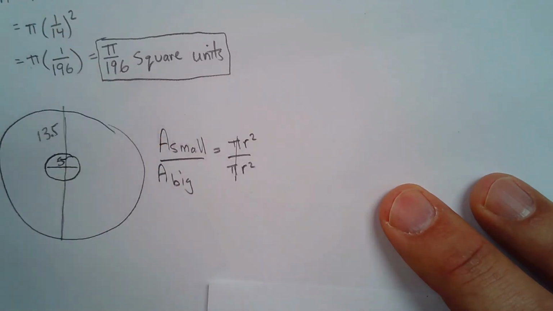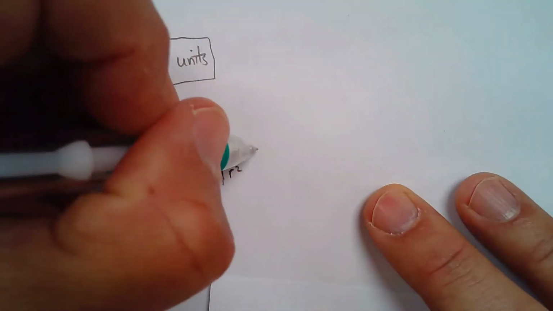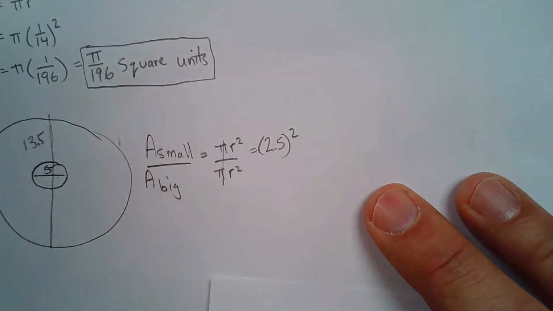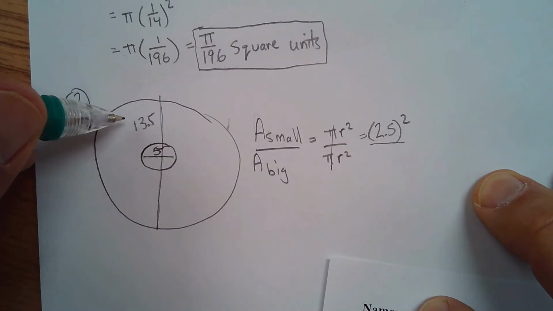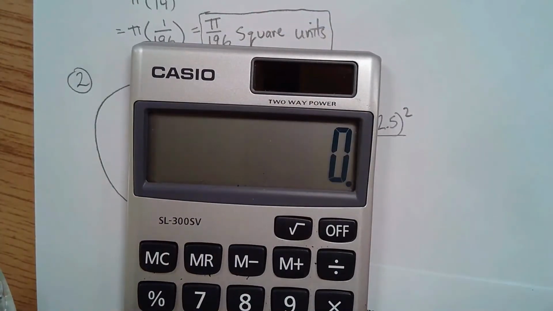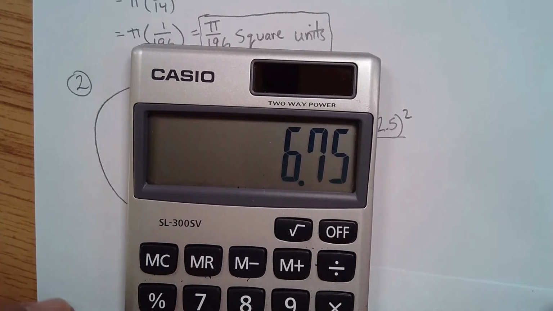It's just the radius squared divided by the radius squared. The radius of the small one is half of 5, which is 2.5. So that would be 2.5 squared over half of 13.5, which I think is 6.75. Just in case, 13.5 divided by 2 is 6.75.